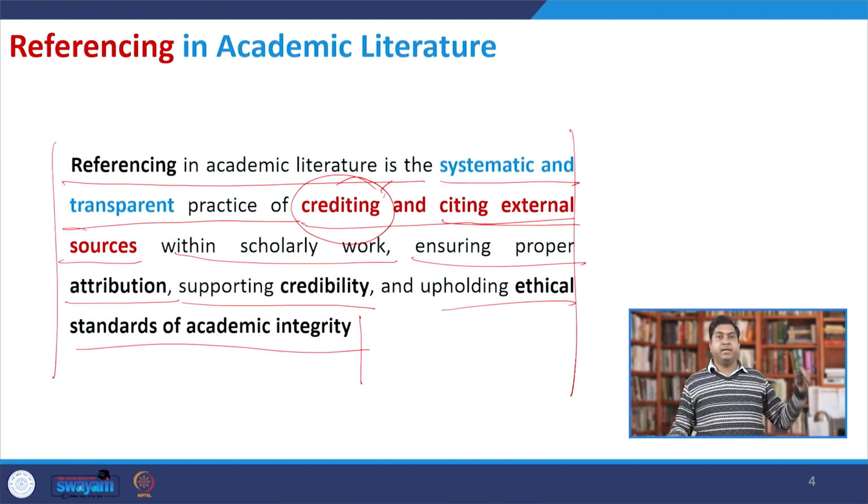That means the credibility is going to be questioned. So you should refer to good papers that are very relevant to your field, and then cite them. That will improve the credibility, and obviously we cannot ignore the ethical standard, so that we do not claim something already published by someone else. That is why referencing is very important.